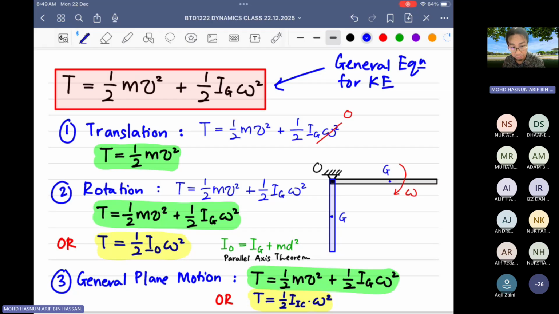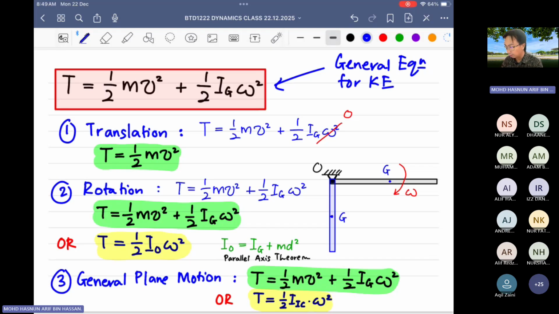So when it comes to general plane motion, you can either use the general equation 1/2 mv² plus 1/2 Ig ω², or if you can find the location of IC, then you can calculate the mass moment of inertia about IC, and use T is equal to 1/2 Iic ω².